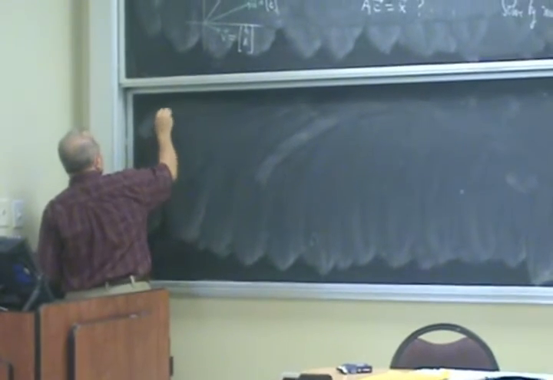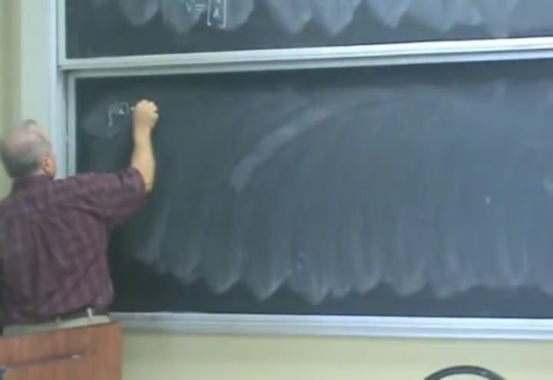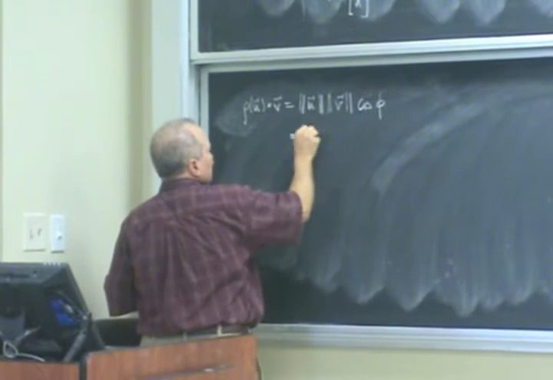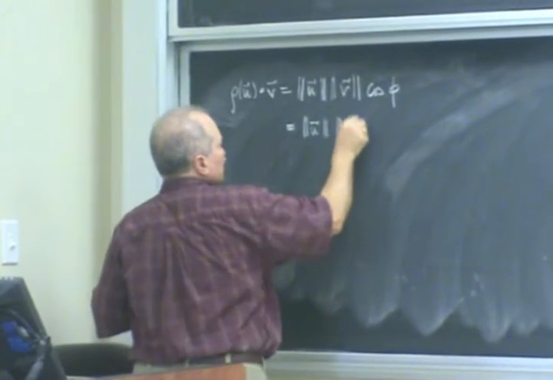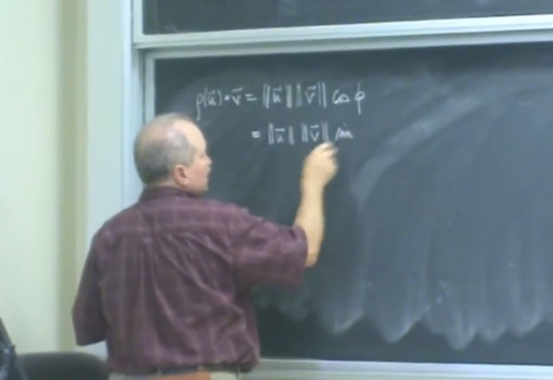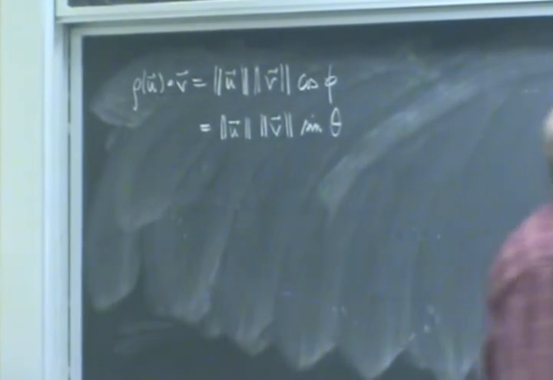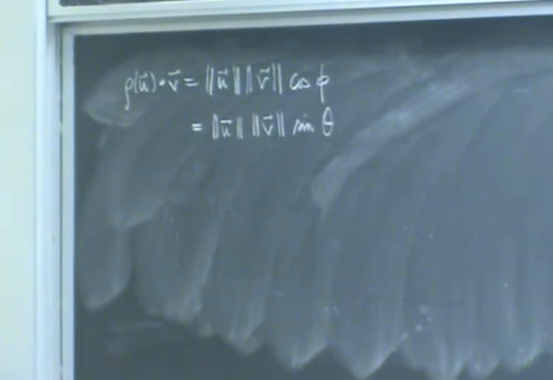So rho of u dotted with v is the length of u times the length of v times the cosine of phi, which we said was the length of u, length of v, sine of theta, because theta and phi are complementary angles there.